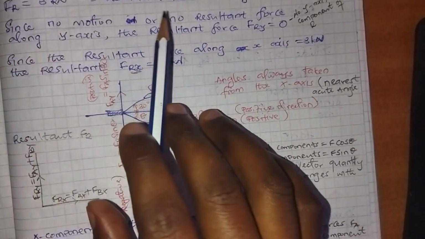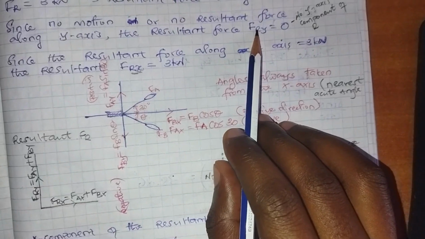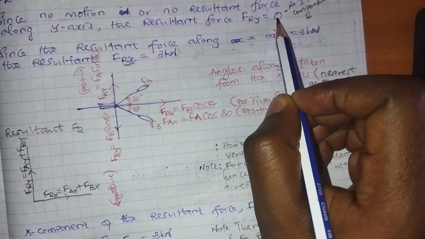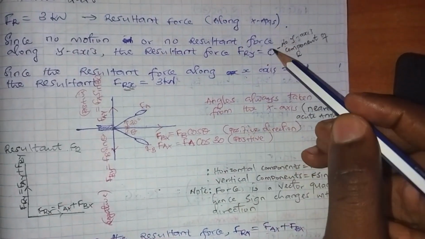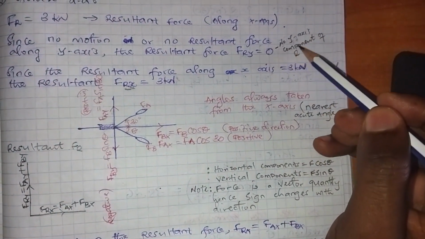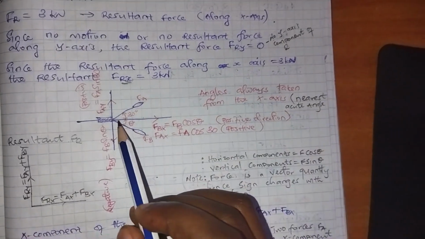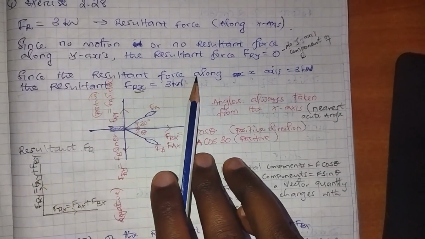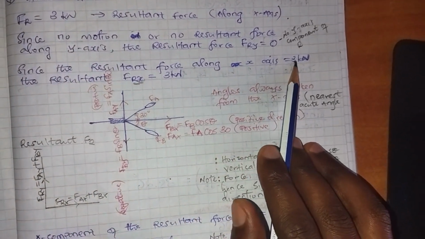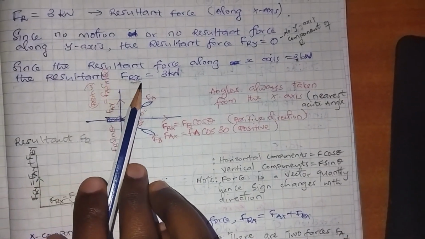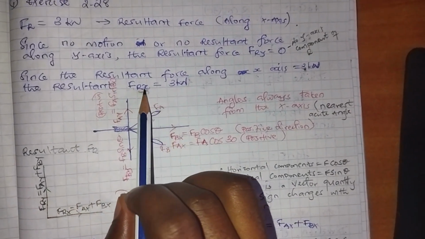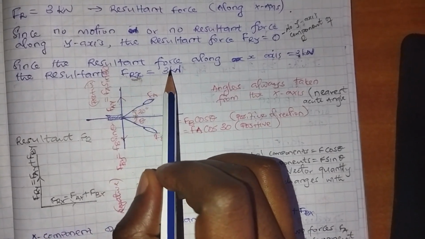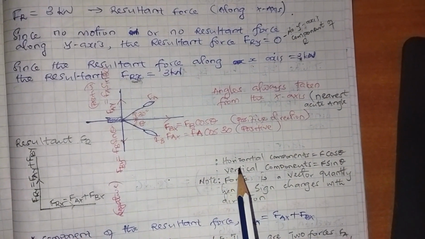So because there's no resultant force along the y-axis, the resultant force along the y-axis equals 0, right? That is why I've said here no y-axis component of the resultant force. Since the resultant force along the x-axis, Fx, is 3 kilonewtons, very obvious, we are told that.